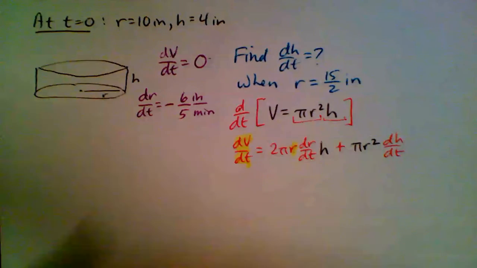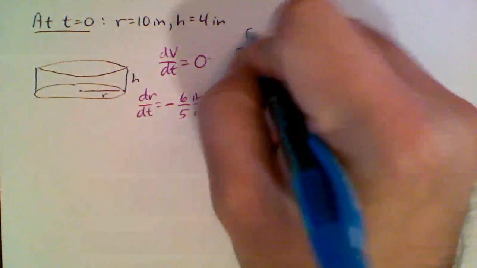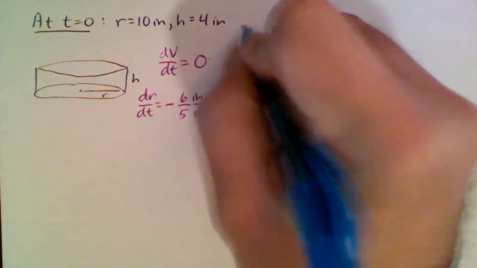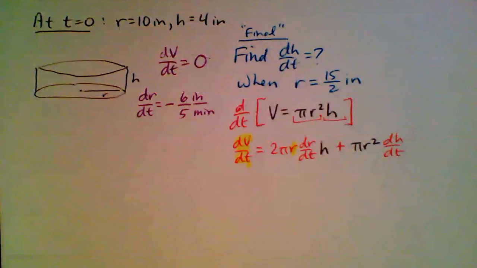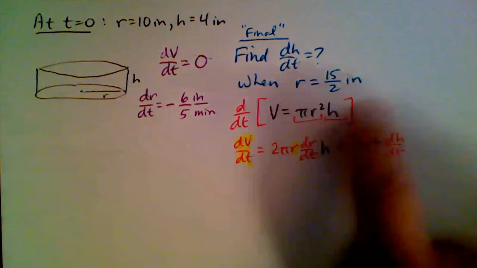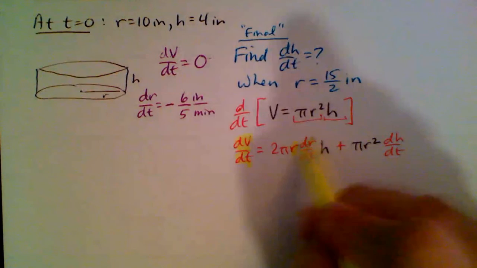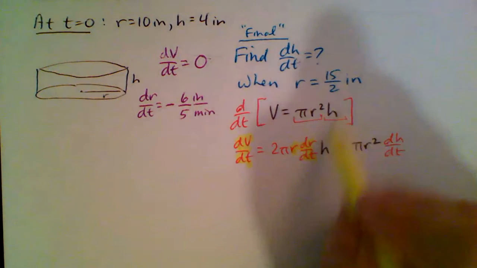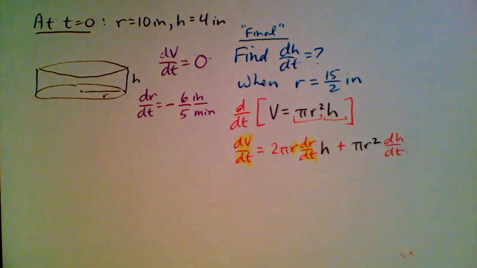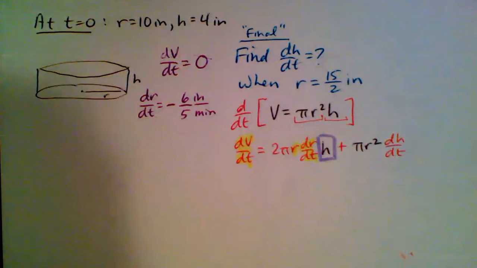So you could mark this as the final, and that's the initial information. We have R. dr over dt, we've also got that. H, we need to find H. So I'm going to mark here a reminder in purple that we need to find H.